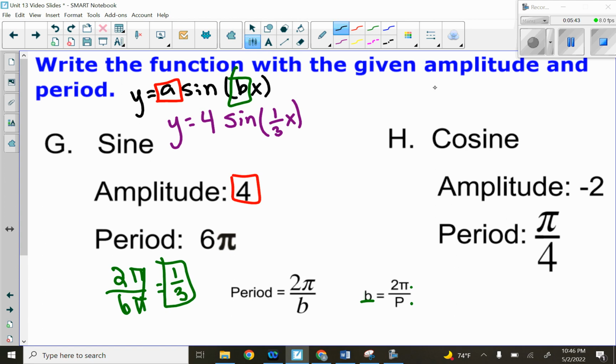Our cosine function is going to be really similar. A cosine of bx. So our amplitude is -2.